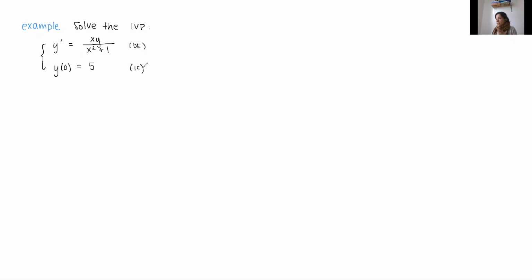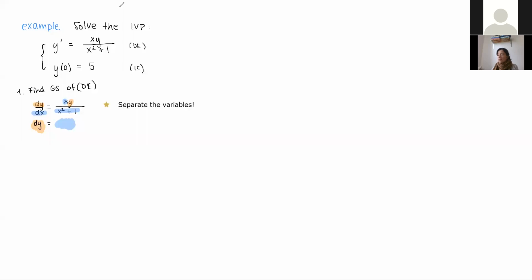Just as before, the first thing you're going to do is find the general solution, and then find the particular solution that also satisfies the initial condition. If I'm going to put the y on the other side, I'm going to have to divide both sides by y, because here it is being multiplied.